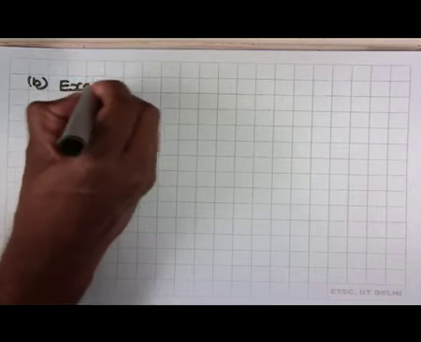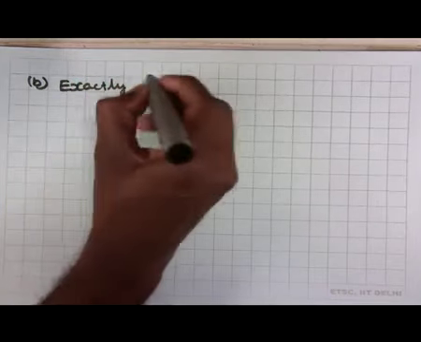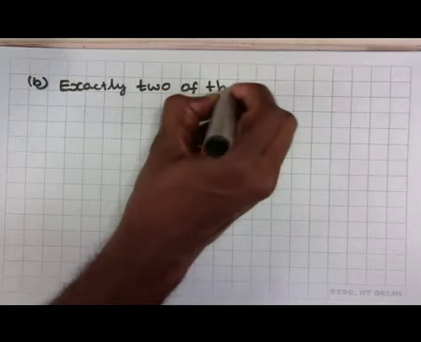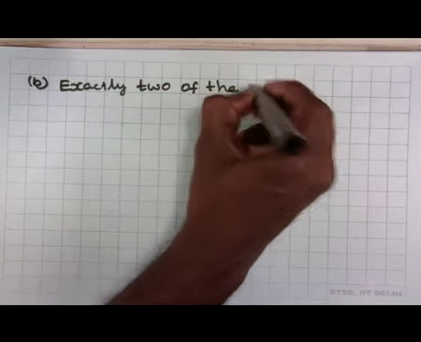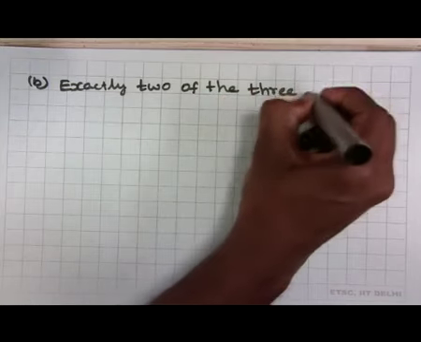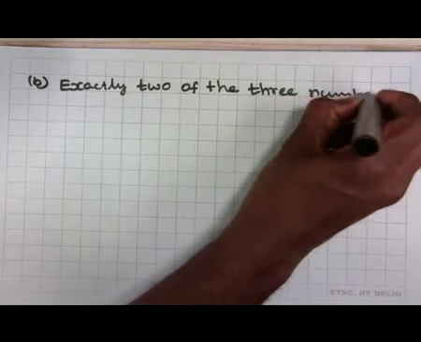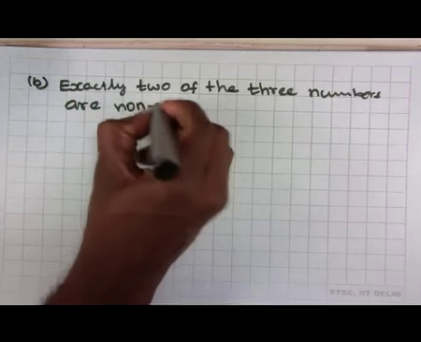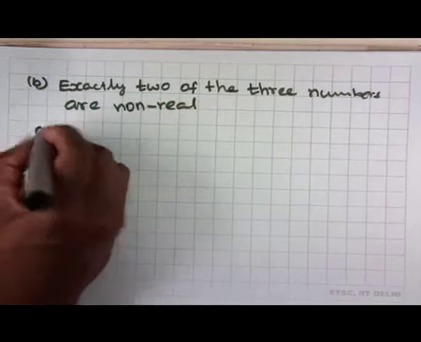Second choice, exactly two of the 3 numbers are non-real.